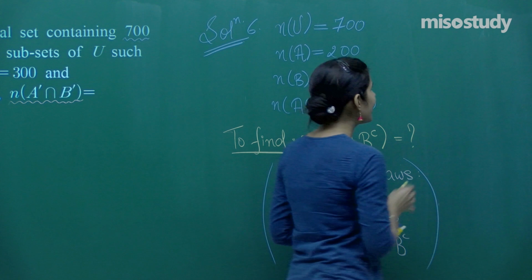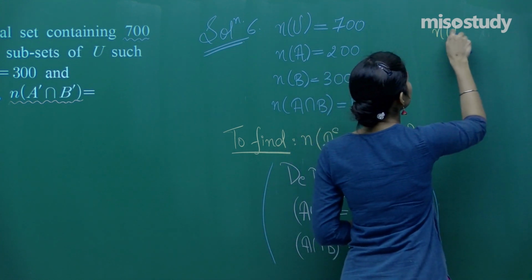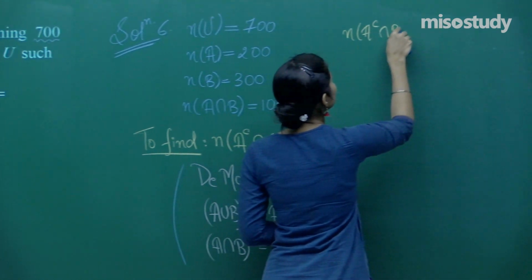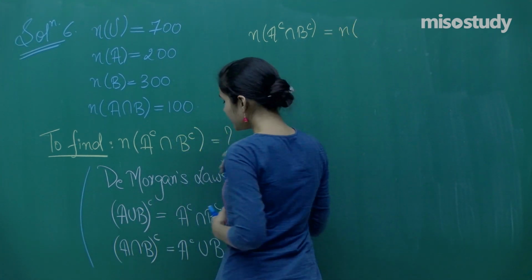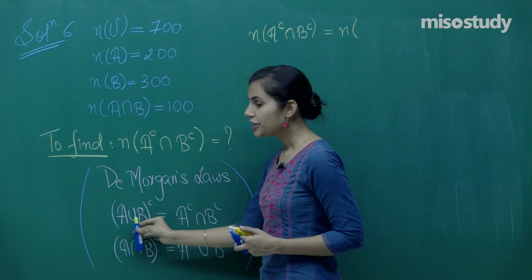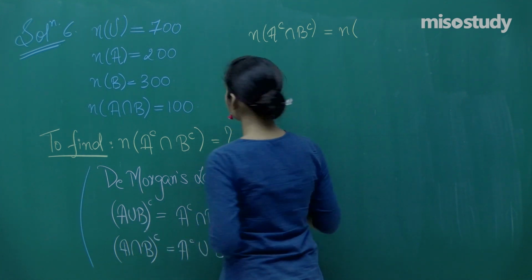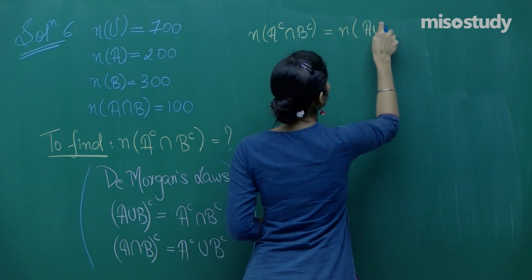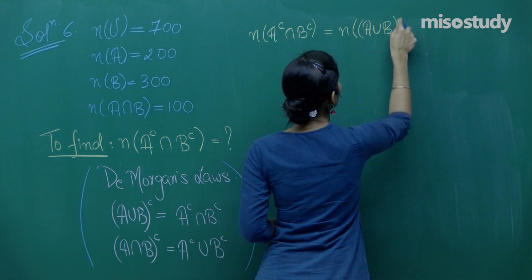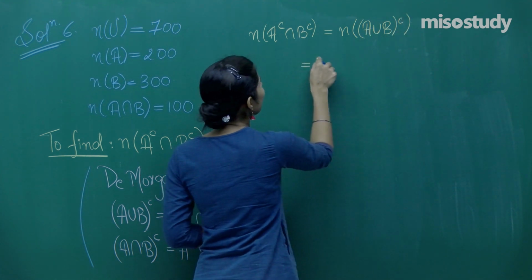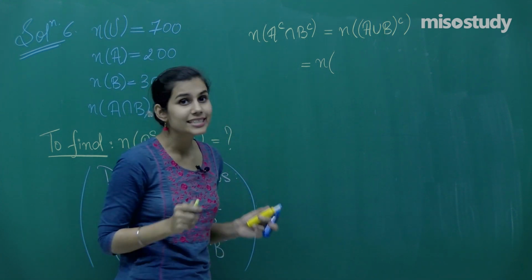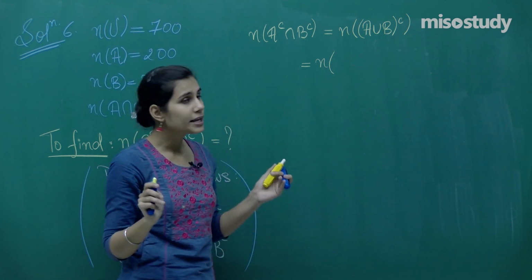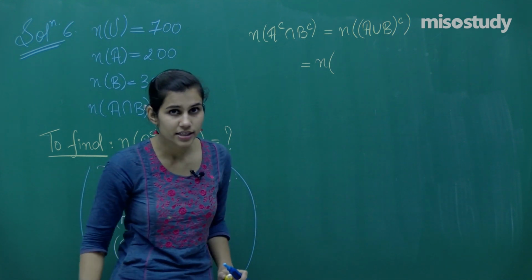Why? Because number of elements in A complement intersection B complement is nothing but number of elements in A union B whole complement. We know that this can be written as all the set of members which are sitting outside A union B but inside the universal set.